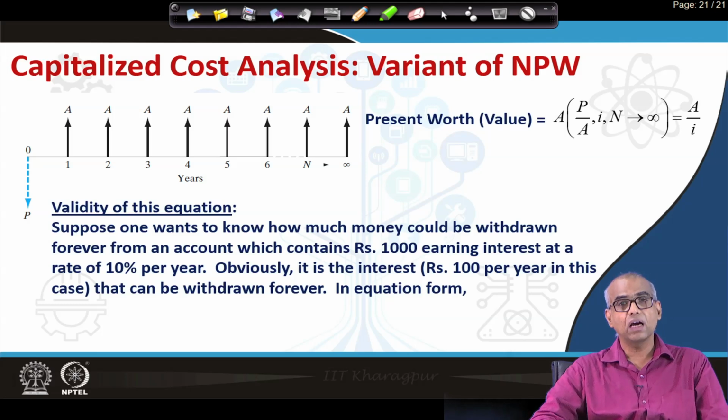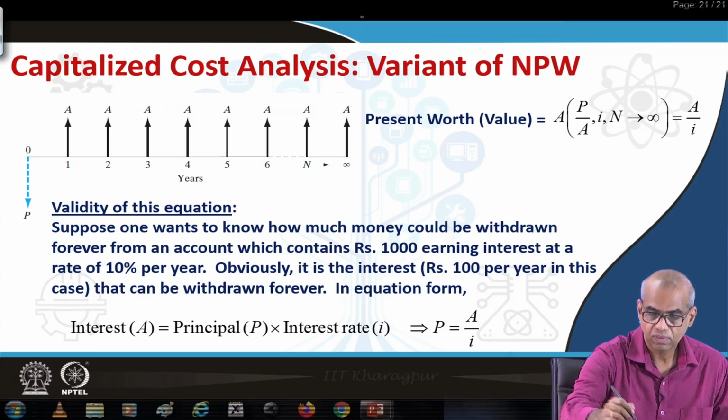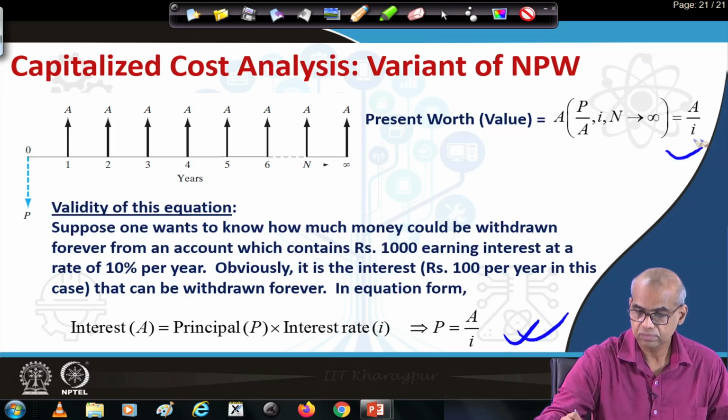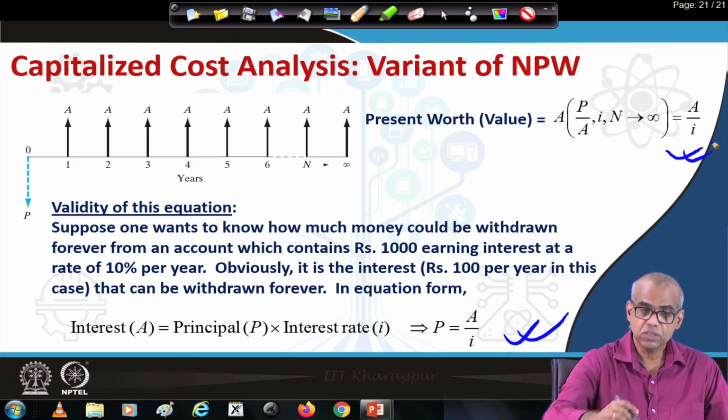So, you can withdraw 100 rupees forever if the interest rate is 10% and 1000 rupees is invested. So, in the form of an equation you can write interest A equal to principal P into interest rate I. So, A equal to P into I, in other words P equal to A by I. So, our equation is correct.